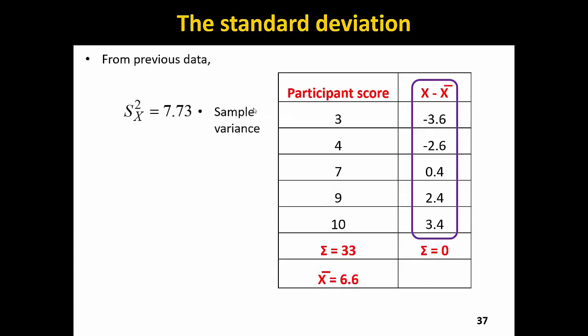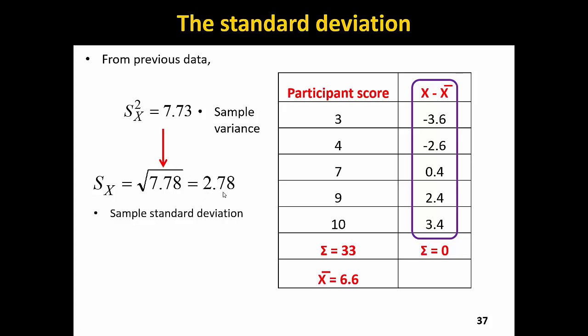So from the previous data, we calculated the sample variance, and if this was a measurement of age, this would be 7.73 years squared. But when we take the square root of 7.73 years squared, okay, I've got an 8 here, so that was a typo here. But when we take the square root of the numerical value and we take the square root of the units, we end up with 2.78 years.